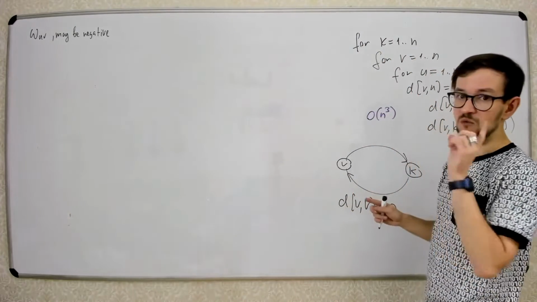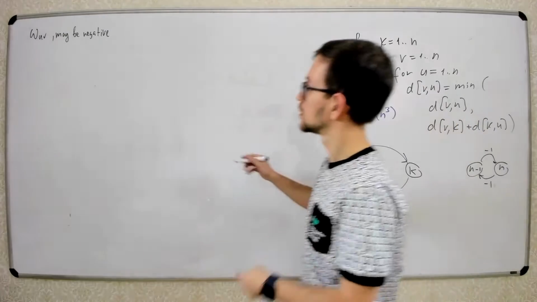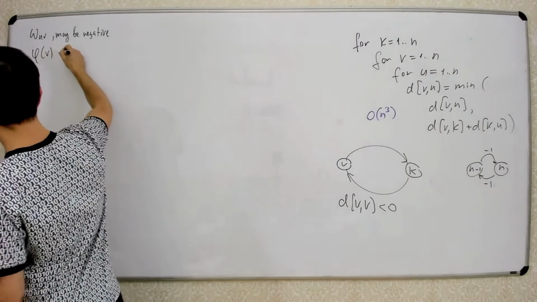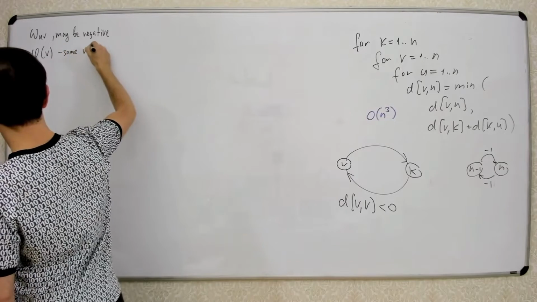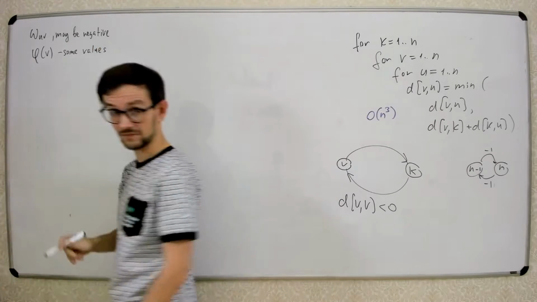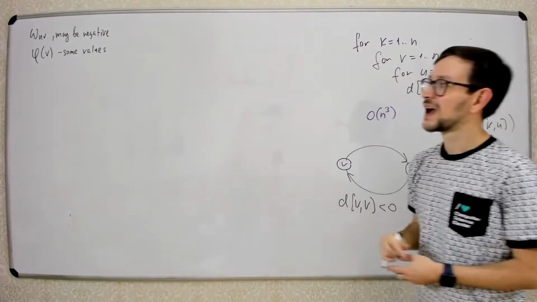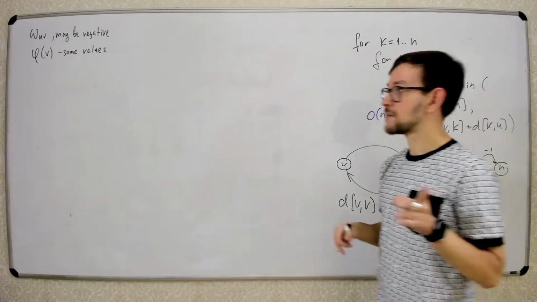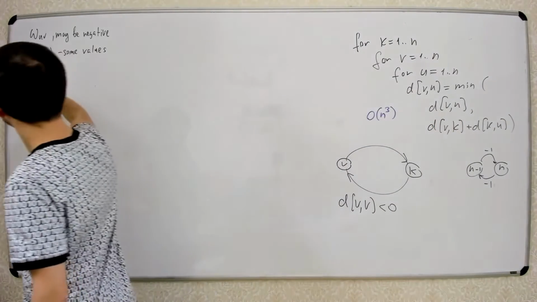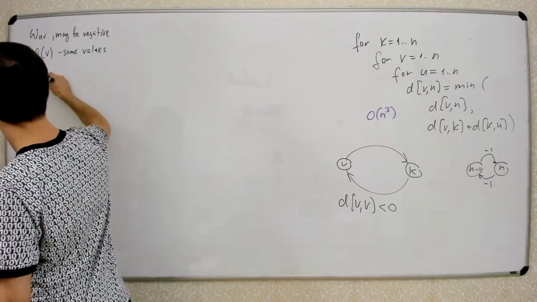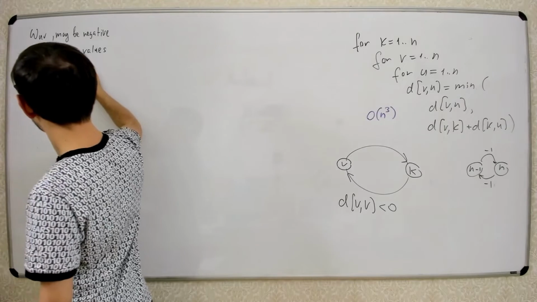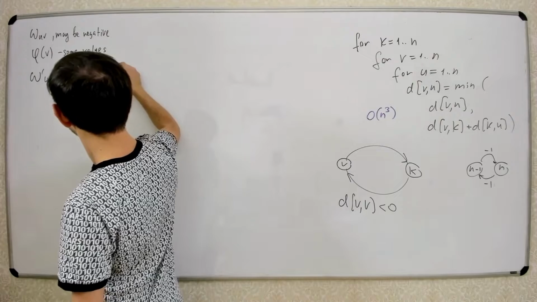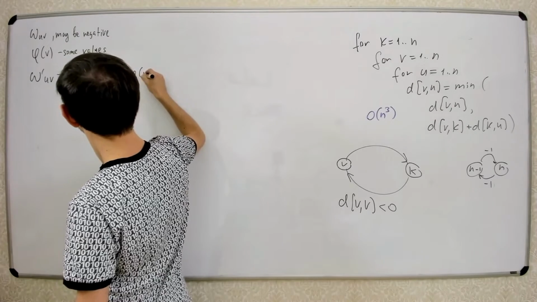I will assign some values to all the nodes of my graph. Some secret values. And now I will modify my weights in the following way. I will say that my new weight of the edge UV will be the old weight plus phi of u minus phi of v.